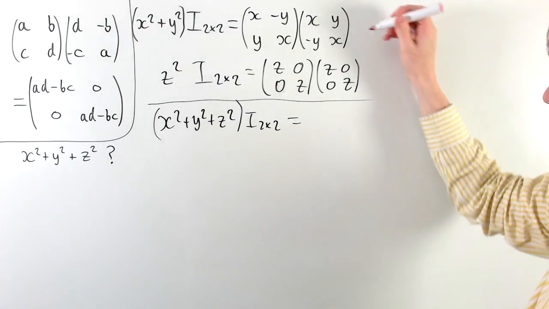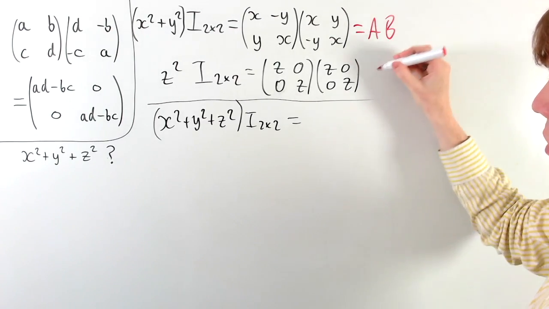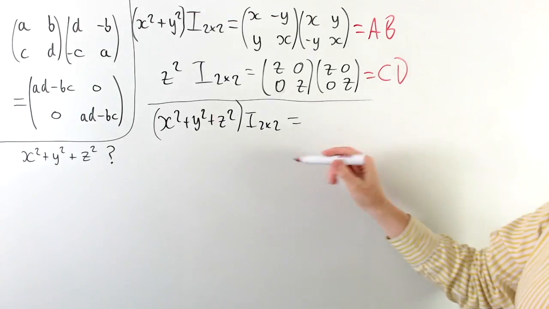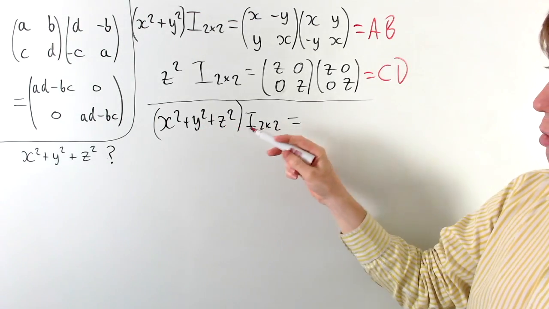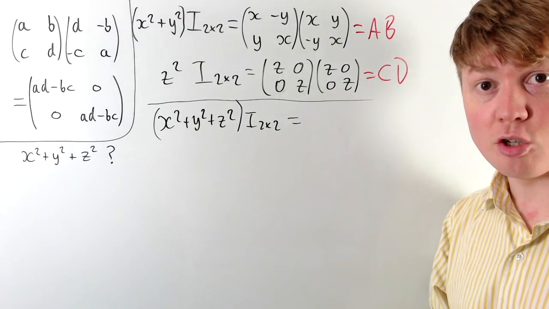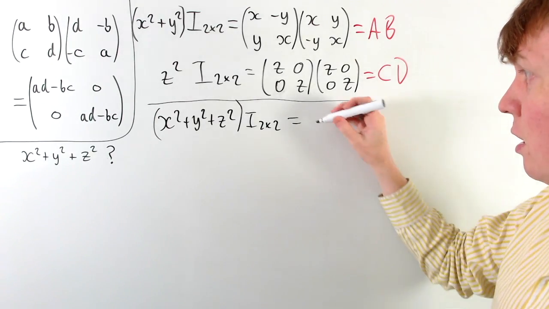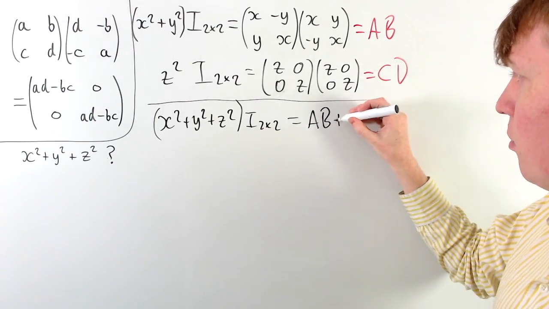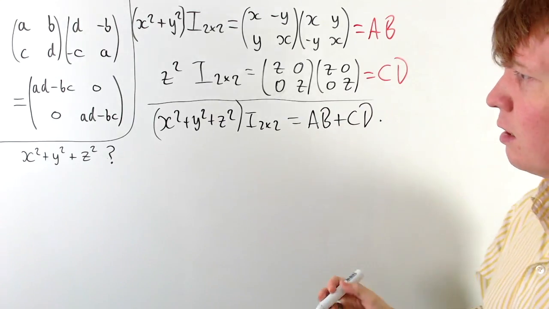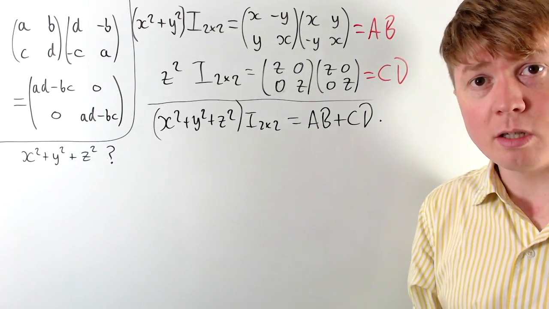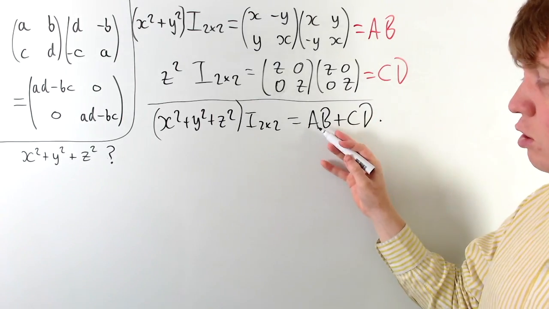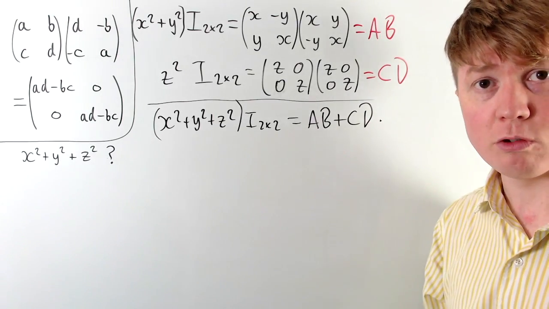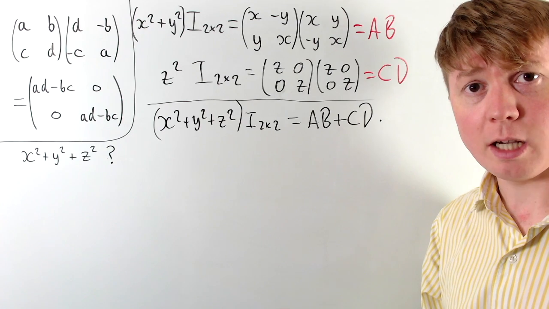So if we call these two A and B, and we'll call these two C and D, we can see that our x squared plus y squared plus z squared times the 2 by 2 identity matrix is equal to AB plus CD. So this still isn't very helpful because this doesn't count as a factorisation. It's not the product of two matrices, but it's a step in the right direction.